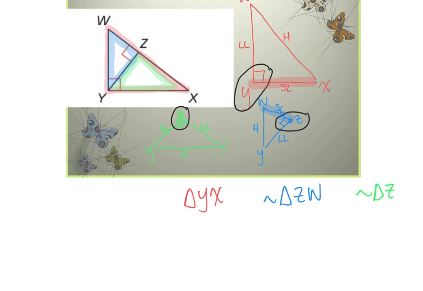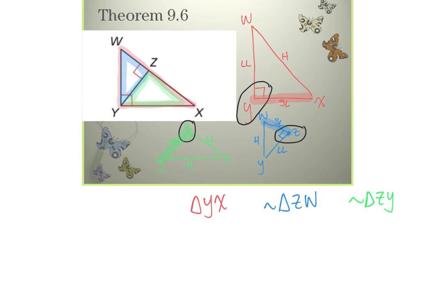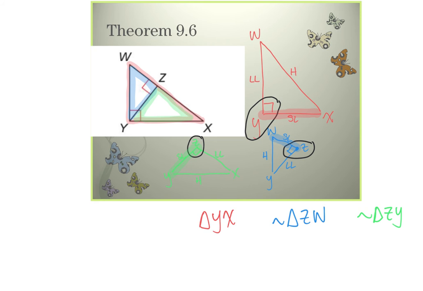From Z to, Emma? Y. Okay, so we go from Z to Y. And then the last one's really easy. You just fill in the last letter. So what's the last letter in the red one? W. What's the last letter in the blue one? Y. And what's the last letter in the green one? X. So this is our similarity statement.